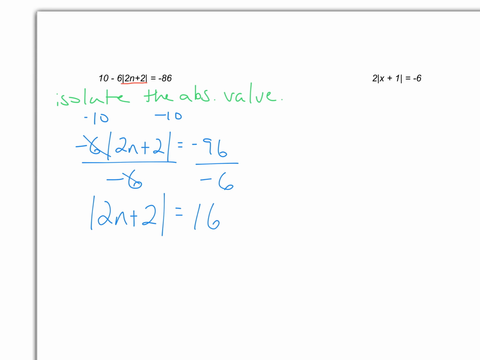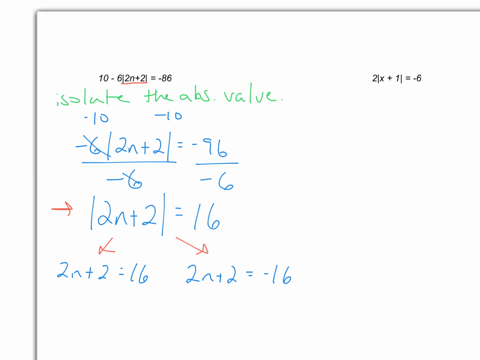From here, this part looks just like the last question we did, just different numbers. So I'm going to split up my two equations and say here's one, 2n plus 2 equals 16. Here's the other, 2n plus 2 equals negative 16.